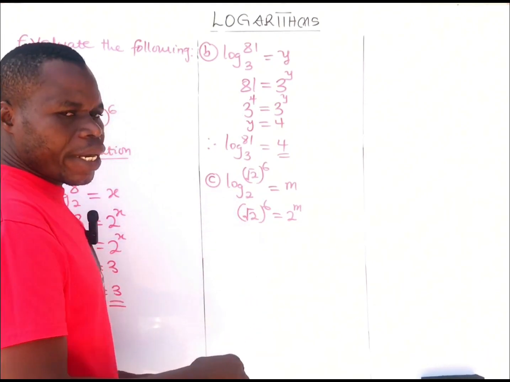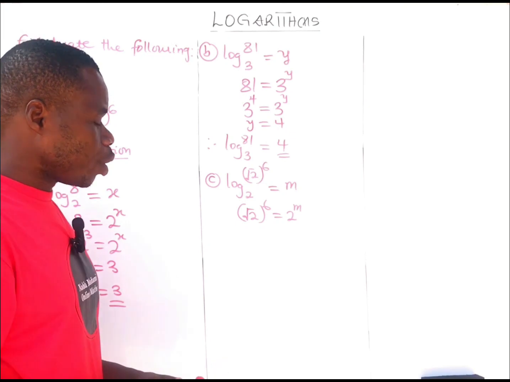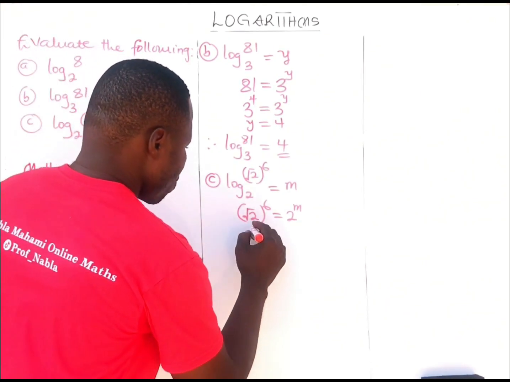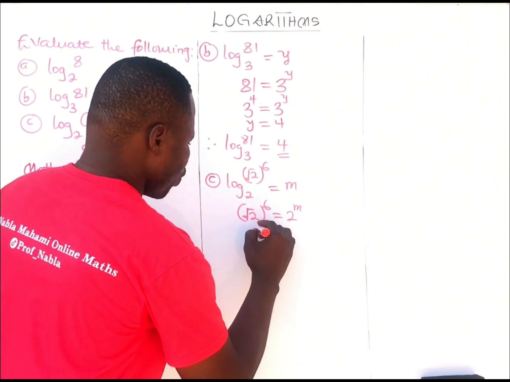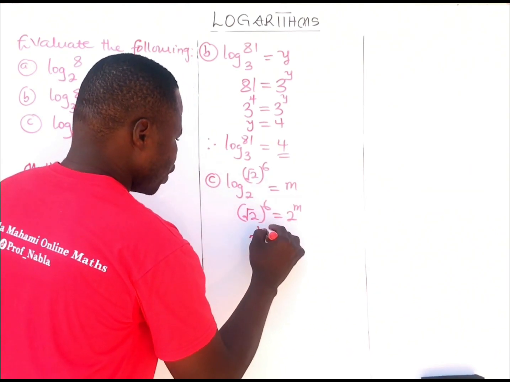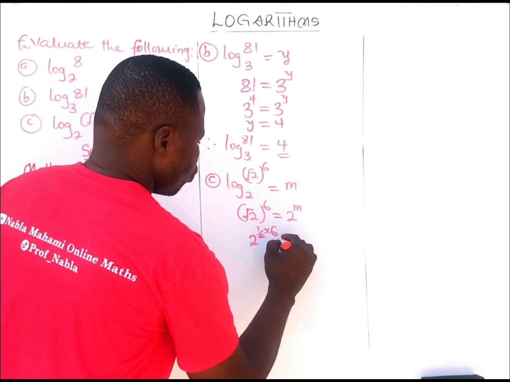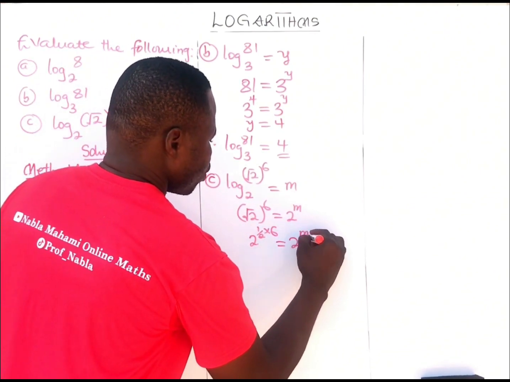And this square root sign, from indices or index notation, square root sign means exponent half. So I have 2 exponent half multiplying by this exponent, which is also 6, will be equal to 2 exponent m.